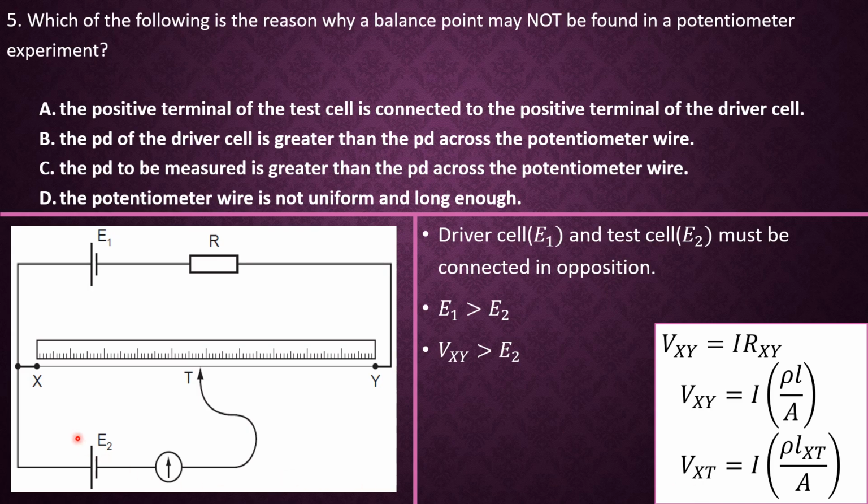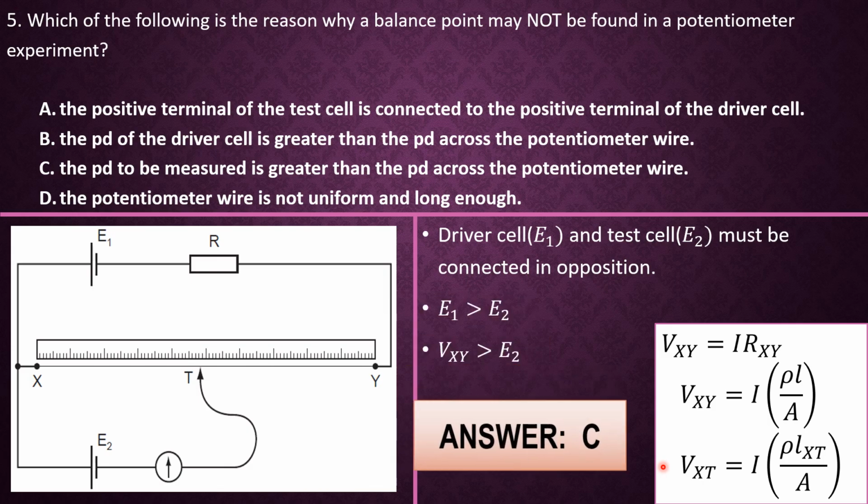Now it means that to get Vxt, you have to multiply I by rho L xt, so the length that gives me the balance point is xt, all that divided by A. So you realize that if I take this slider all the way up, I'm increasing the PD that is dropped across the point xt, and that might increase to a point where it matches E2, and boom, you get the balance point.